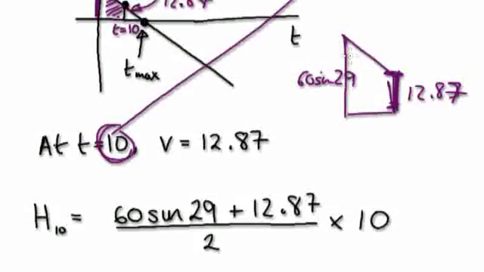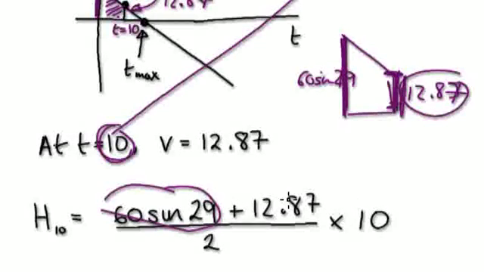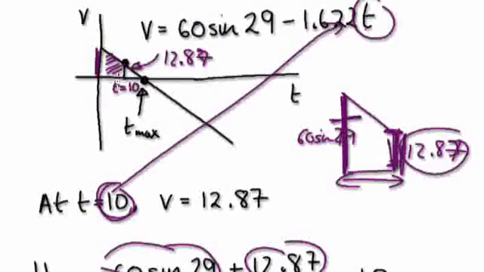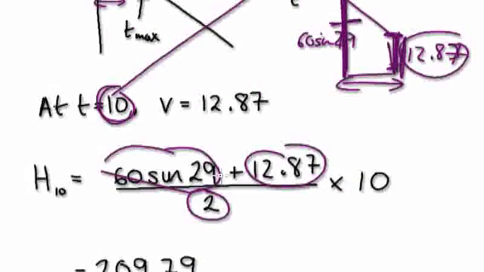So all you have to do now is add this height to this height, then divide by 2, which gives you the average, and then times by the across here. Don't forget, the across here is 10, so we just need to times it by 10.